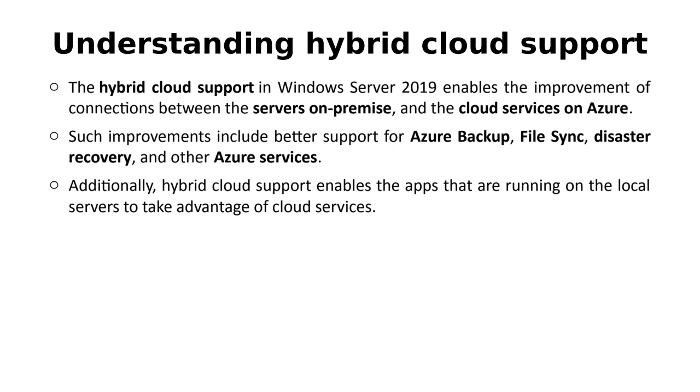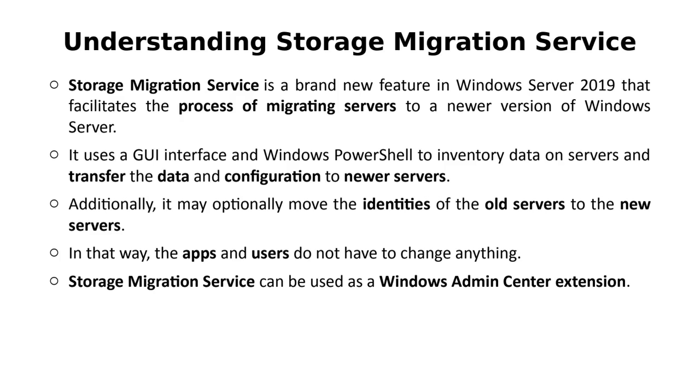Hybrid cloud support, okay, meaning for on-premises and for the cloud, for Azure mainly. But it also supports other clouds like Google, Amazon, all right? It has improvement related to backup, file synchronization, disaster recovery, and Azure services. Also for migration, okay?